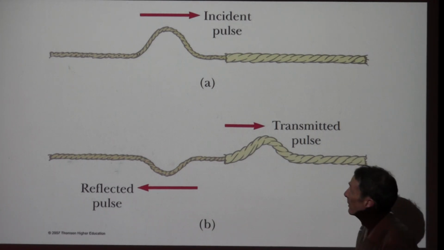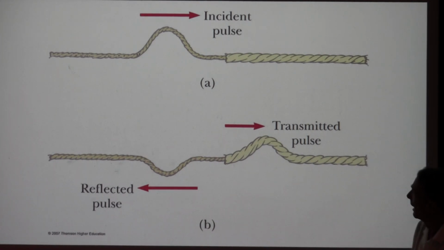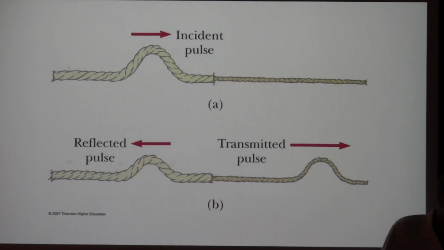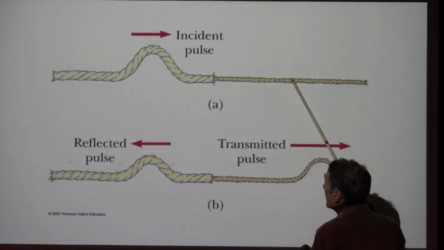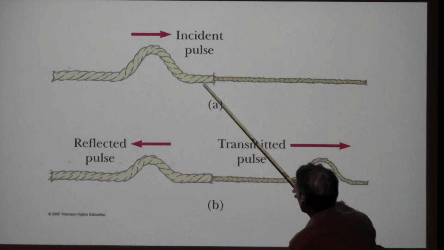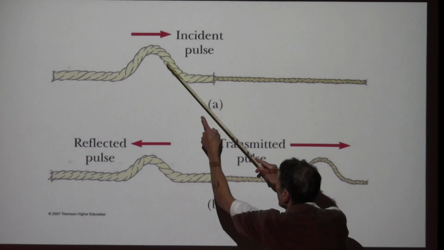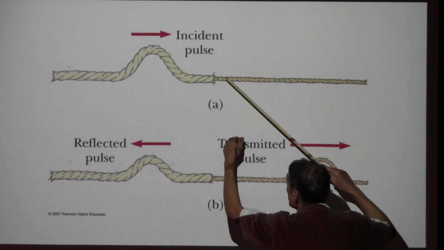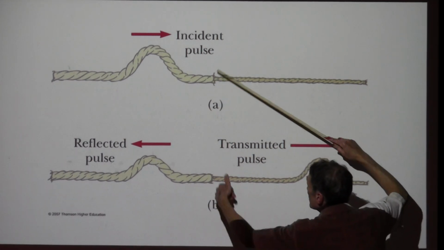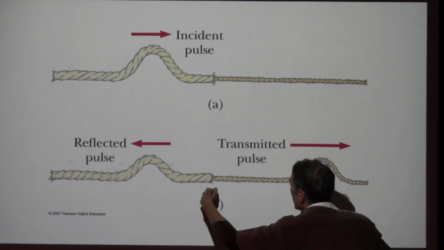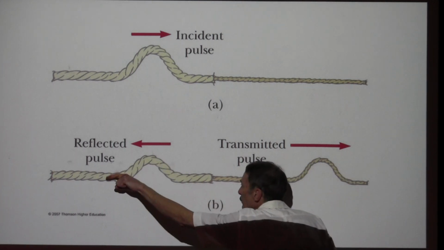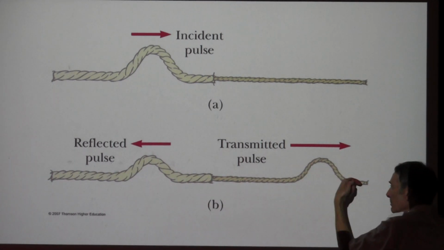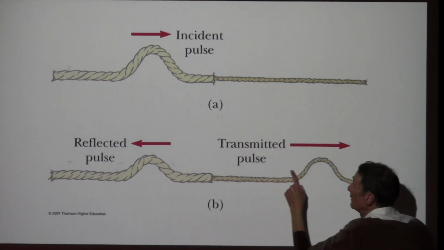Then if we're going from high index to low index, we send this pulse and it goes through. When the pulse gets here, there's very little resistance. It acts like the loose element that allows the pulse to move out. So the reflected pulse and the transmitted pulse are in phase.